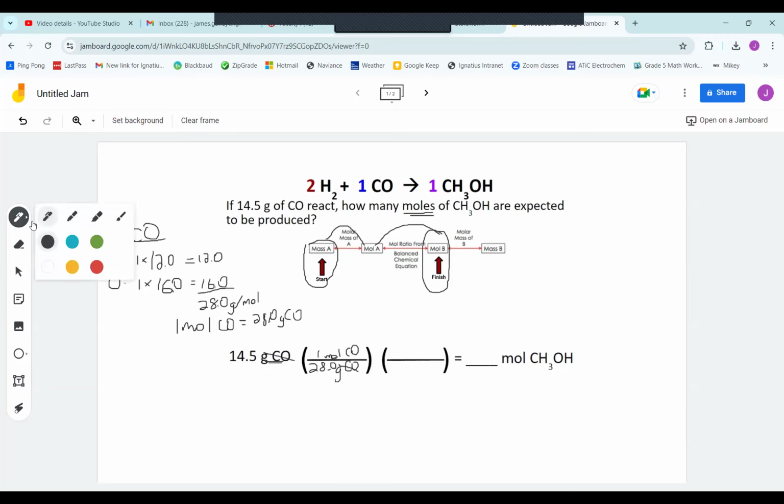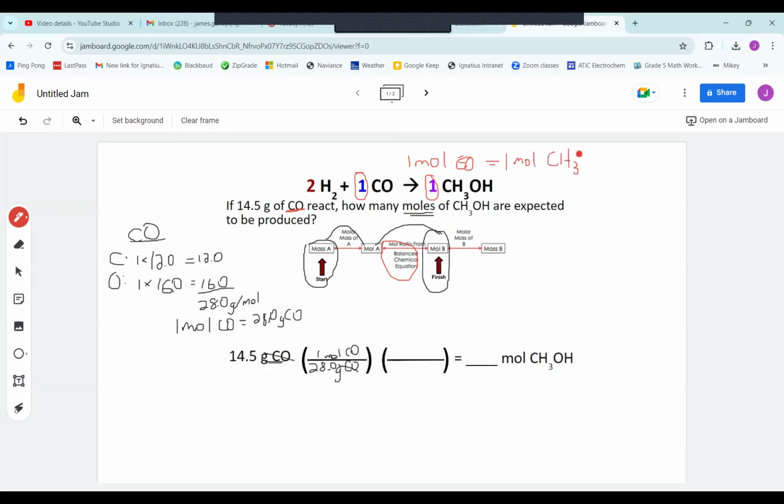What was the next hop in our conversion factor here? Well, we're going to use the mole ratio. We're trying to find out how many moles of CH3OH are going to be produced by a certain amount of CO. So that means we're going to pay attention to the coefficient 1 in front of the CO and 1 in front of the CH3OH. From those balanced coefficients, I can see that one mole of CO is equivalent to 1 mole of CH3OH.